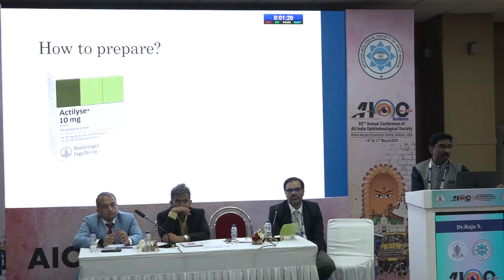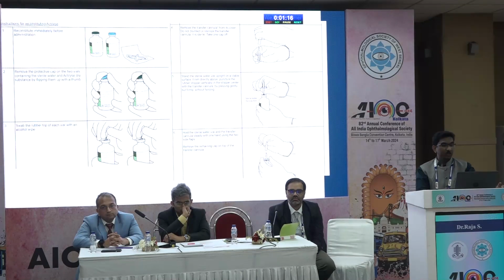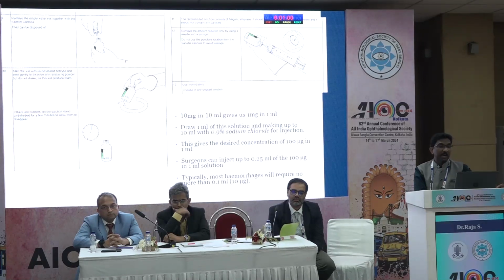The Actilyse comes in 10 mg. It comes in 2 bottles, a dry one and a bottle with saline, and you have a connector. You open both the bottles, connect the saline to the dry powder, the fluid goes into it, and then you just shake it. 10 mg is there in 10 ml now.